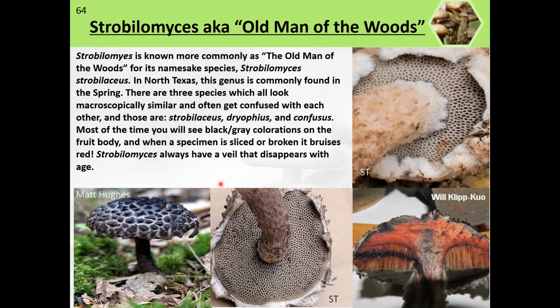All of these will bruise red when you slice them, and they kind of have a gnarly coloration too, as you see right here. And they have a veil, and they have velar remnants around the margin of the cap right there. And usually confusus is the species that has a little bit more erect scales, right? So the scales are kind of popping up as opposed to the other ones, but it's still very difficult to tell them apart macroscopically.